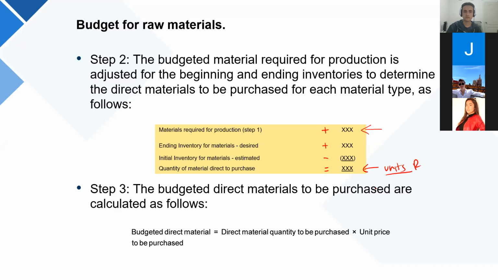And for the purchasing budget, all we need to do is take this number here and multiply it by the unit price of the raw materials. That is the unit cost for us. So we multiply that times the unit price, and that's going to give us the budgeted direct materials to be purchased. Really simple. And I'm going to ask you again, do we have this information here? Do we have the unit price for each of the raw materials?